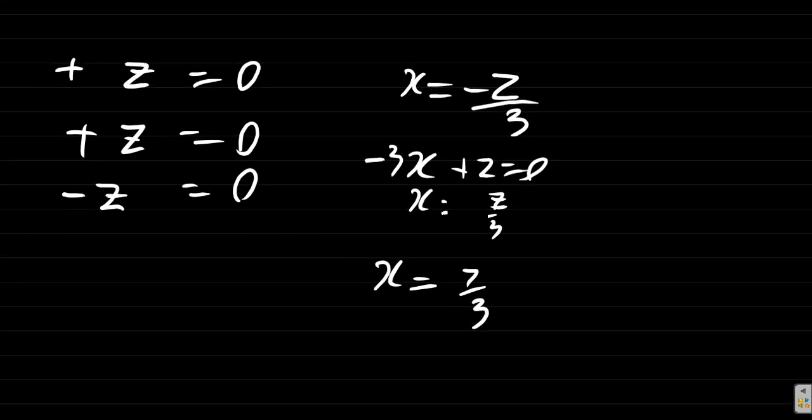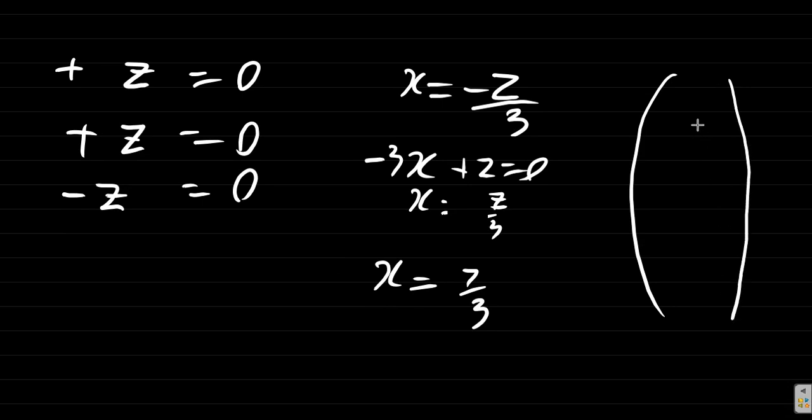So you can make x be any number. Let's make z 1 first. Z is 1, so x would be 1/3.